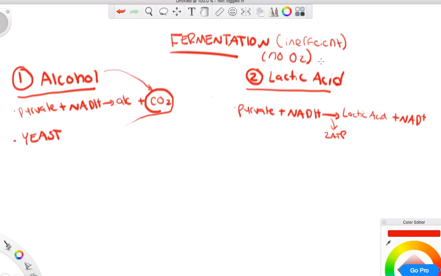Fermentation is going to be no O2. Because you don't have oxygen, because you're not breathing very constantly when you're working out or sprinting, you're going to produce lactic acid. And when you get soreness and cramps in your muscles, this is essentially what's going on. It's a buildup of the lactic acid in your muscles, which cause cramps. Not fun. No one likes cramps.